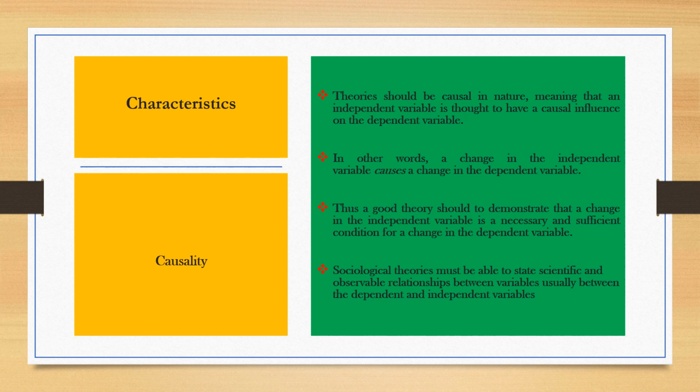However, here, what we mean is that we must identify major issues that we seek to study. So any given theory must identify major issues that form the building blocks of that theory and the relationship between those issues. That is what causality means with regard to theory.